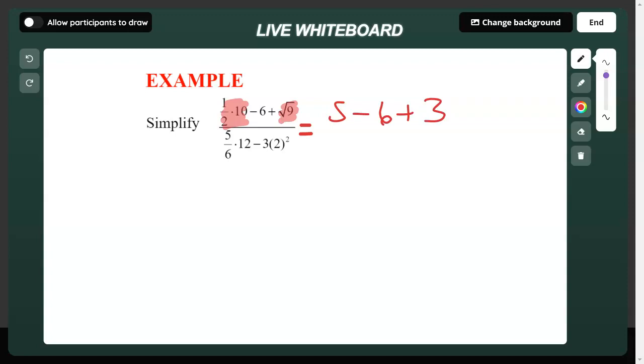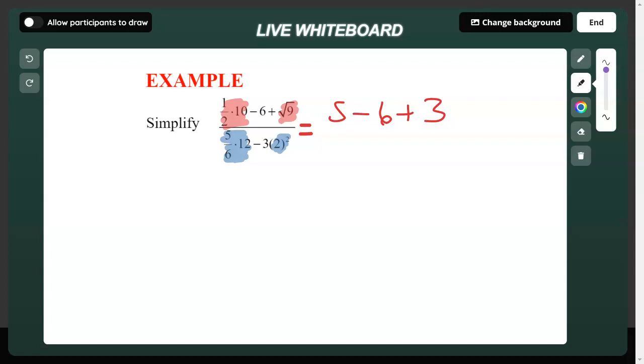Now, let's go ahead and do a little bit on the denominator too. No need to write more than we need to, so let's just work that through. What can I do in my denominator? Okay, I can do this. What else can I do? Square. Okay, I can do those. I can't do the 3 times 2 squared yet because I have to deal with that exponent before I do that multiplication. So I can do the 2 squared.